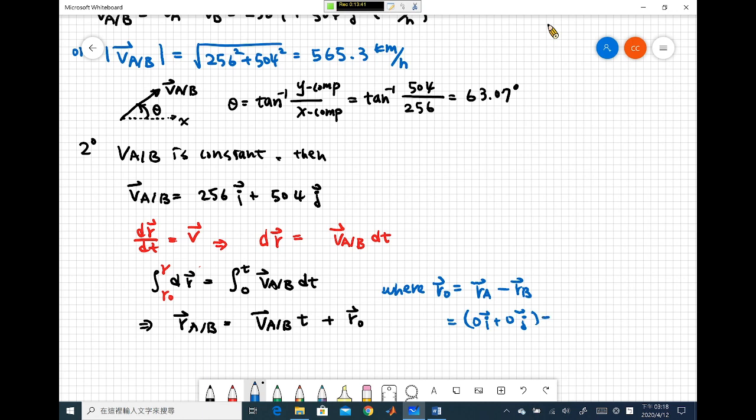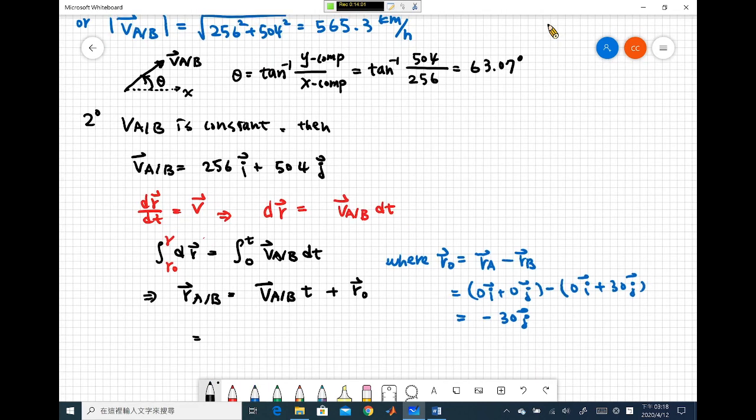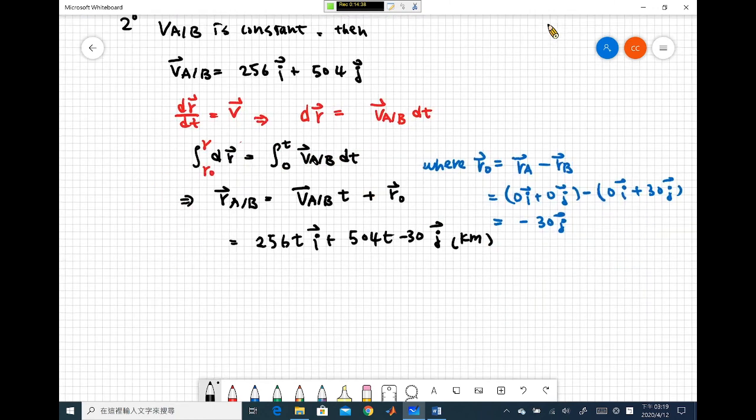Your RB is 0i plus 30j. Then this relative position will be negative 30j. So this equation will become 256 t i plus 504 t minus 30 j, right? Okay. Then you do have the unit kilometer. All right.